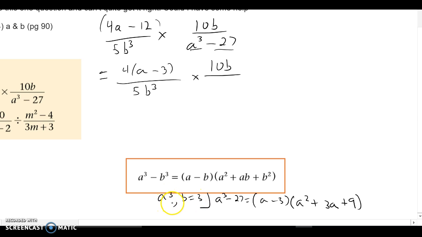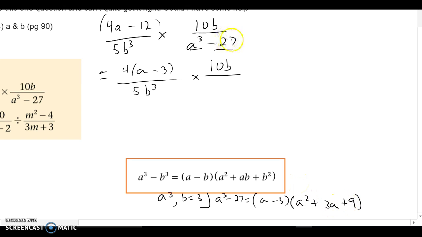I know that in this case it's already a cubed, so I know it's just a, and then I just plug it in. It's a minus the 3 because b was equal to 3, and then a squared plus a times b plus b squared, which would give us 9.